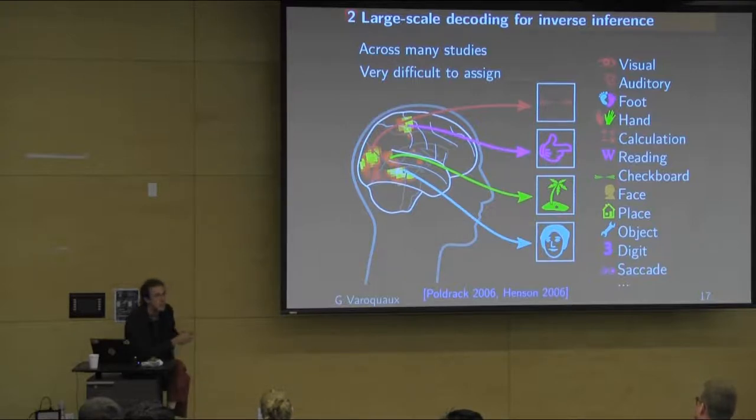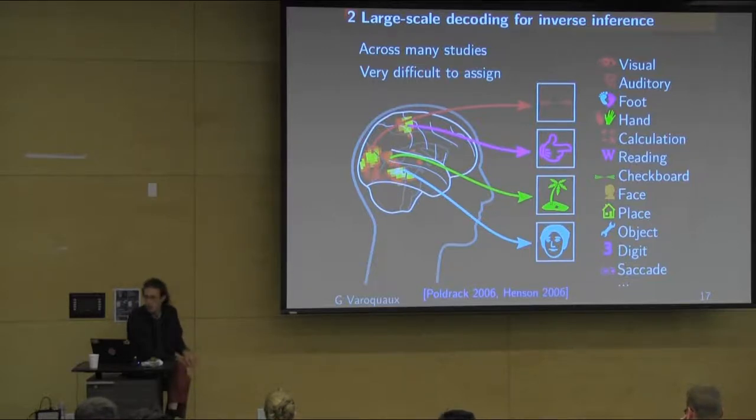It's an area that is more specific to faces than places, but we've only shown a very small number of stimuli, of conditions. So really the challenge to address here is that we need to show many different stimuli, many different tasks to be able to come up to a general conclusion, right?